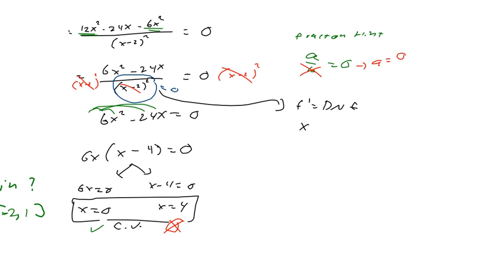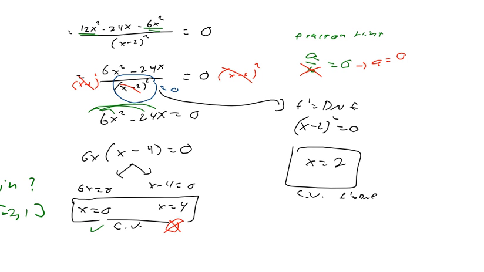Well, here x equals 2 would be my does not exist number. So that's another critical value where the derivative does not exist. Here's where the derivative equals 0, and this is where the derivative does not exist.